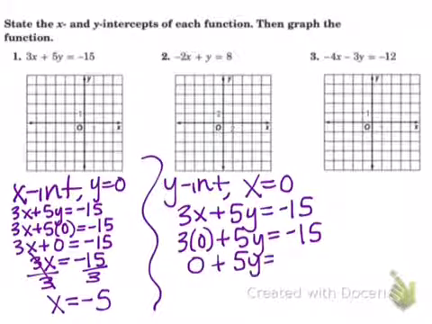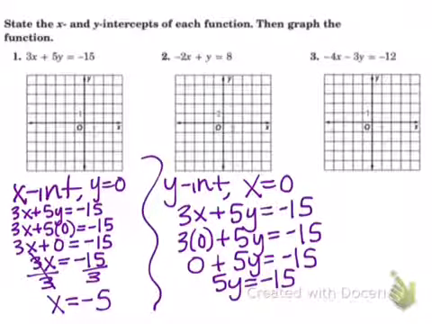So 0 plus 5y equals negative 15. Well, 0 plus 5y just gives me 5y. Just like on the other, my last step is to divide by 5. So I get y equals negative 3. Okay, y equals negative 3.